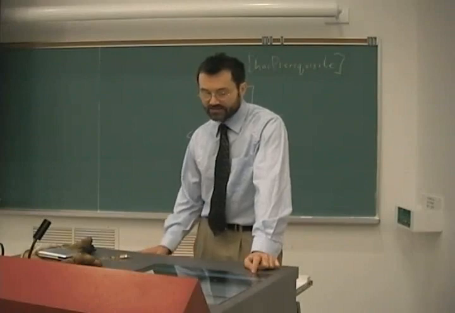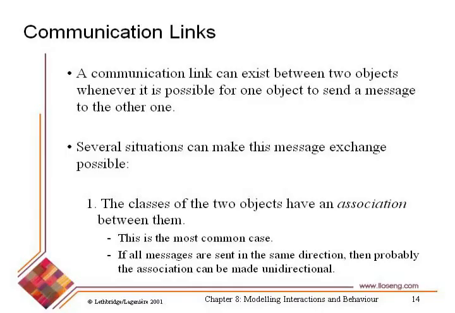And in fact, the next slide, slide 14, is talking exactly about these things. We're saying that there are a number of reasons why one is being a local variable, one is being a parameter by which you've got access to the object you're sending a message to. And so, at the bottom of slide 14, the classes can have an association between them. Typically if they have an association, you just don't label it.